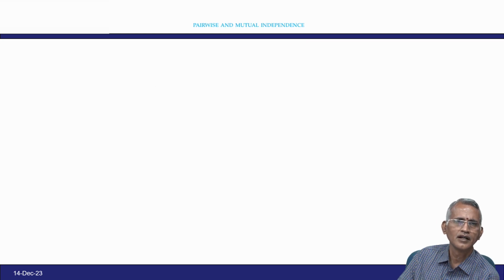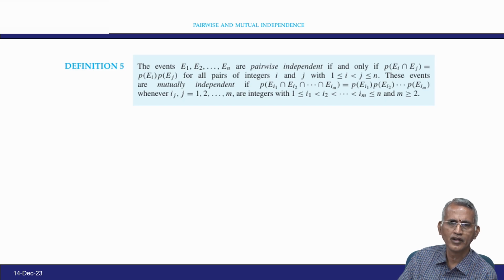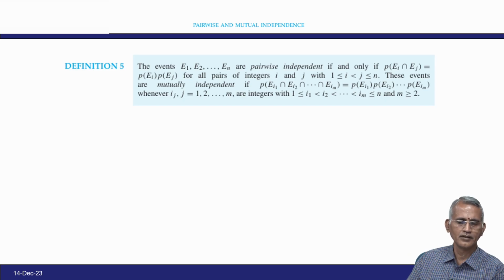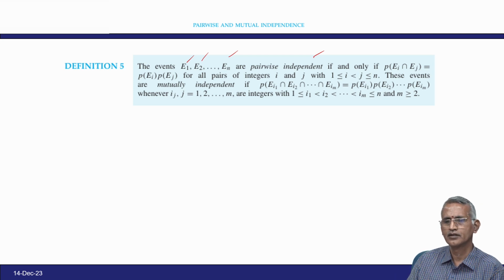Next idea is pairwise and mutual independence. For example, the events E1, E2 and so on En are pairwise independent if and only if probability of Ei intersection Ej equal to probability of Ei into probability of Ej for all pairs of integers i and j with 1 less than or equal to i less than j less than or equal to n.